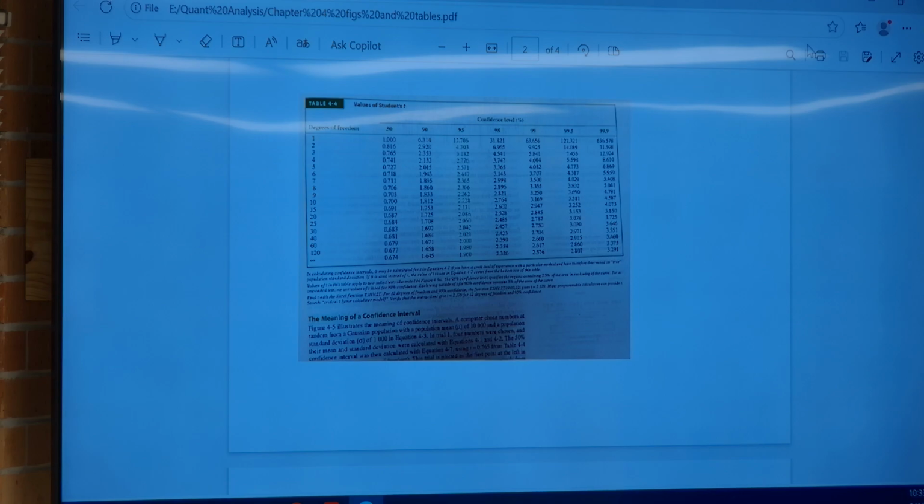That means our result does not agree with the known value. In other words, our result has a significant difference from the known value.